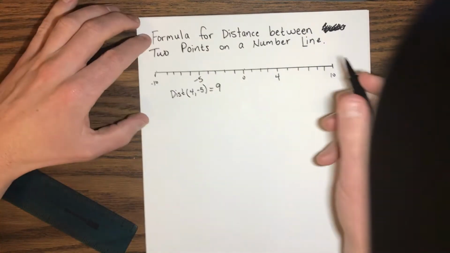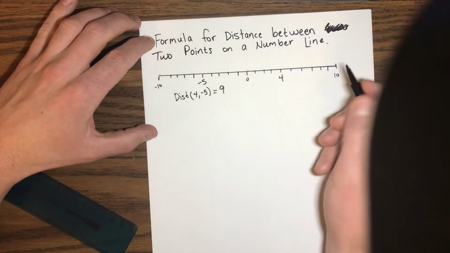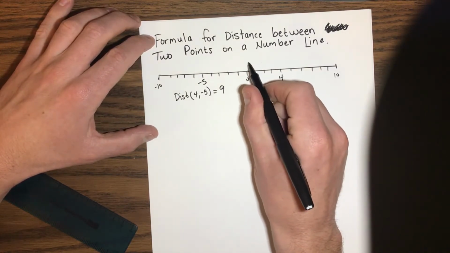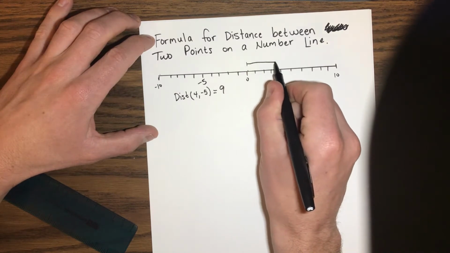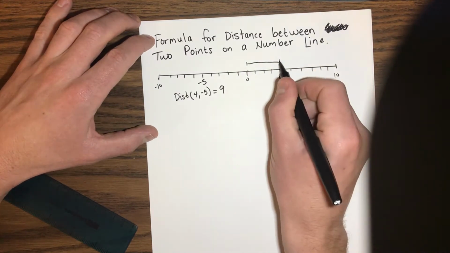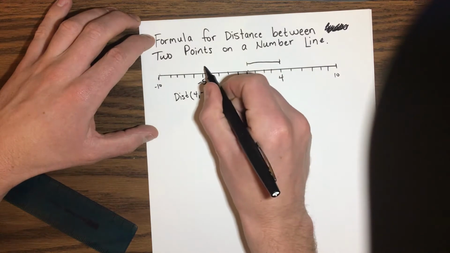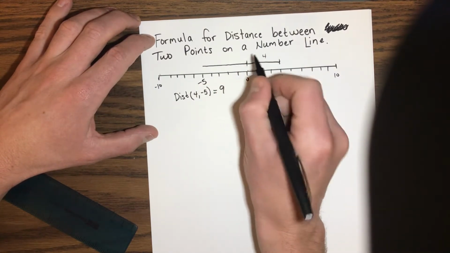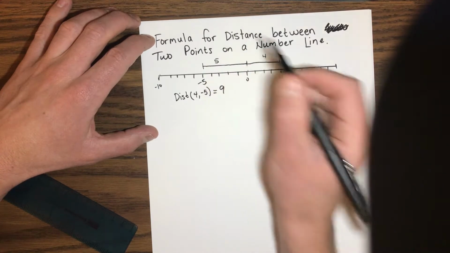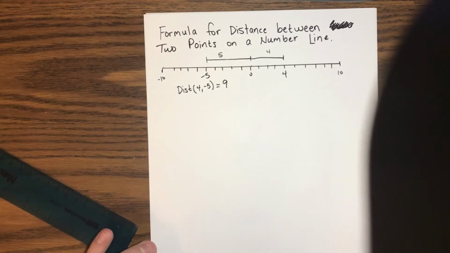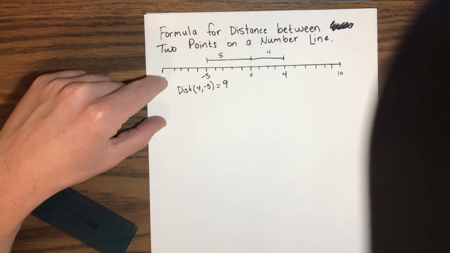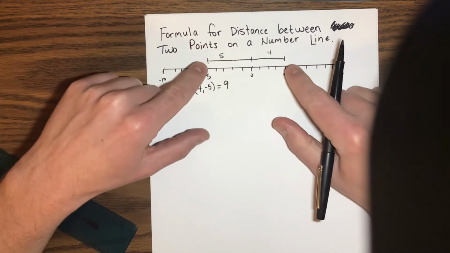Well, if you look at this distance here, what you really have is 4 spaces from here to here, and another 5 spaces, so I'll put 4 here, and another 5 spaces from here to here. And it turns out that there is a pretty quick and easy way to get this distance, but we want to make sure that our answer is always positive.